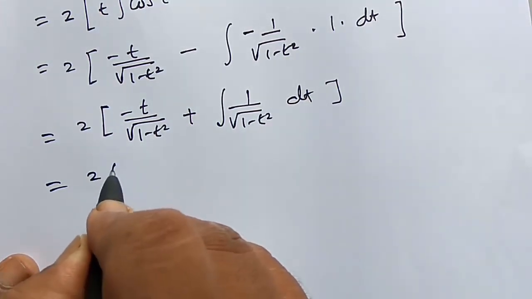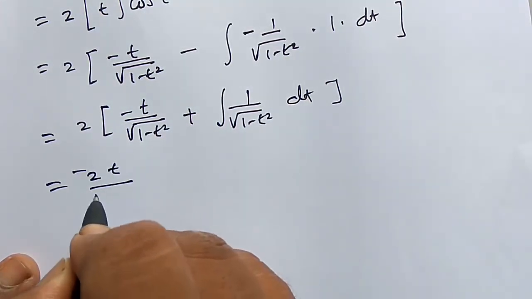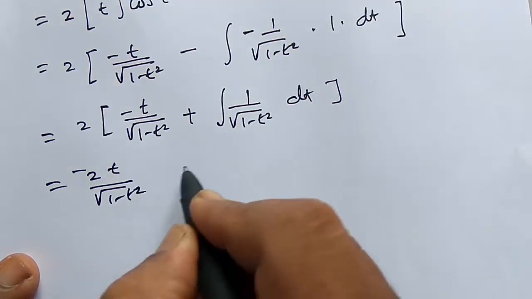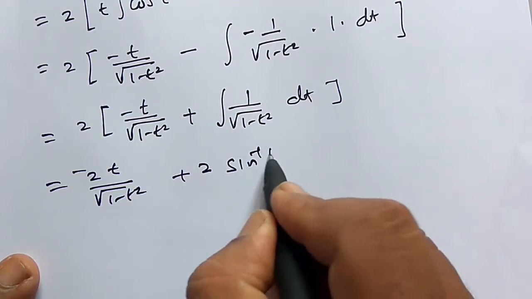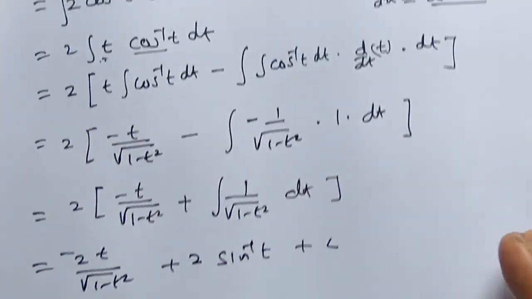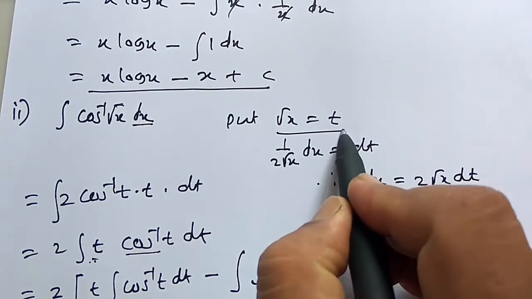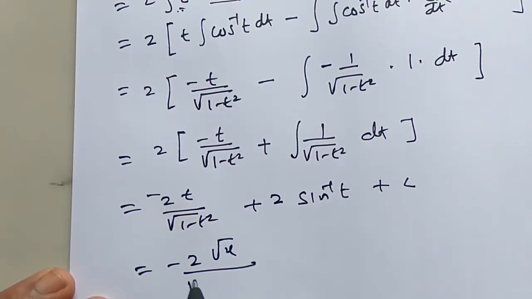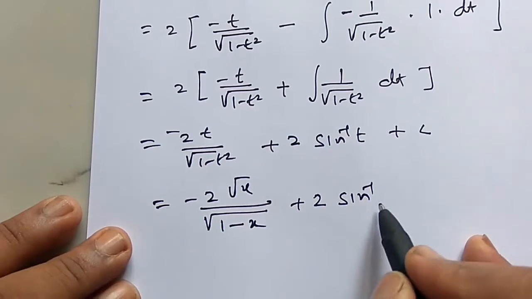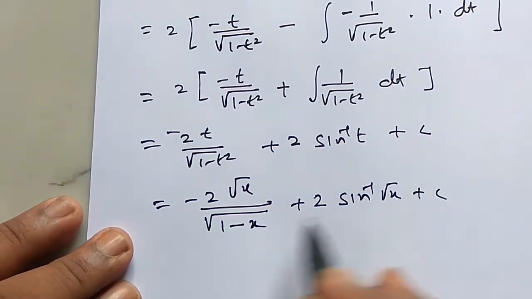So 2 times minus t upon under root of 1 minus t square, plus 2 into sine inverse of t, plus some constant. Now t is equal to root x. So this is equal to minus 2 root x upon under root of 1 minus x, plus 2 sine inverse of root x plus c. So this is the answer.